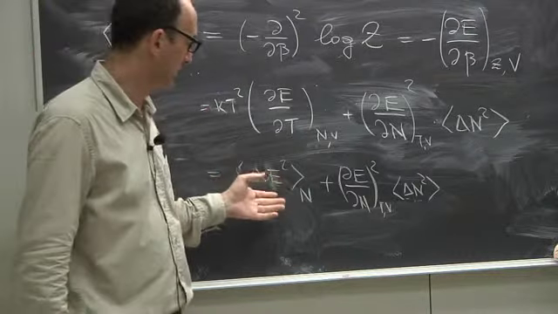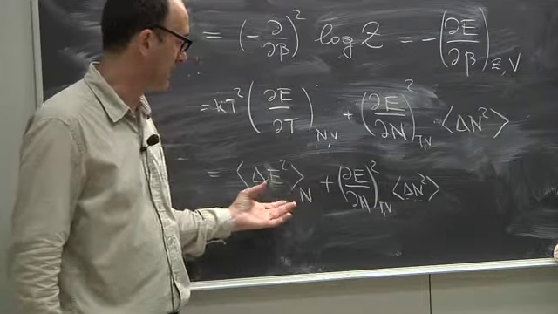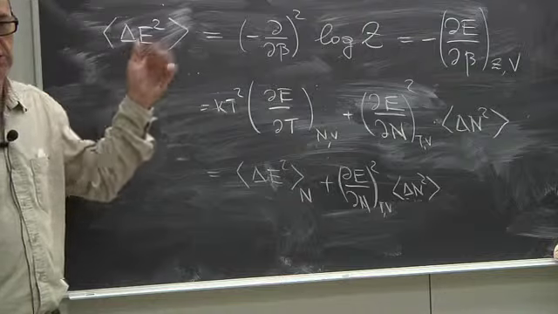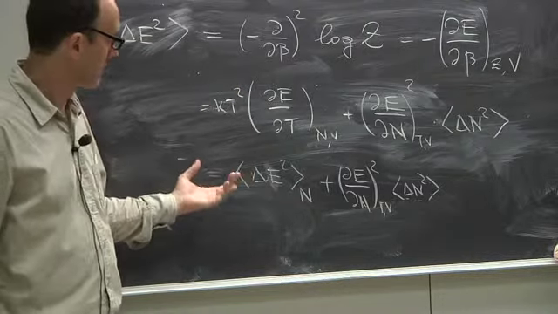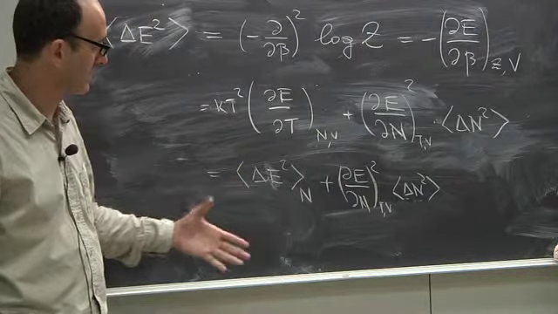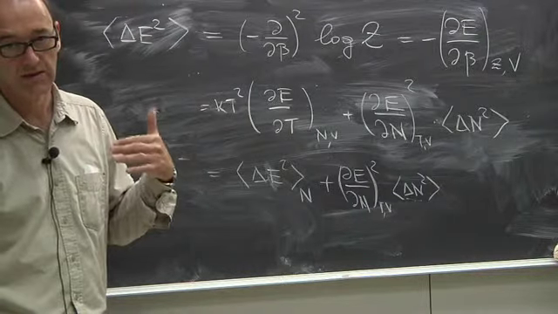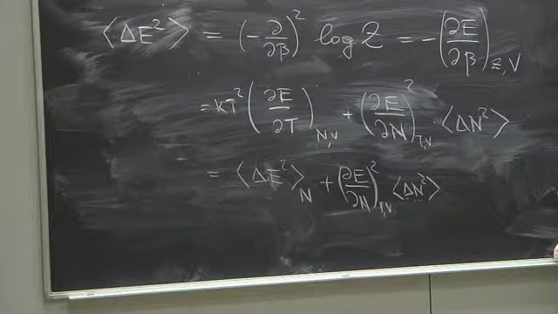Because if they fluctuate independently, then the variance of the energy can be expressed as the sum of the variances.